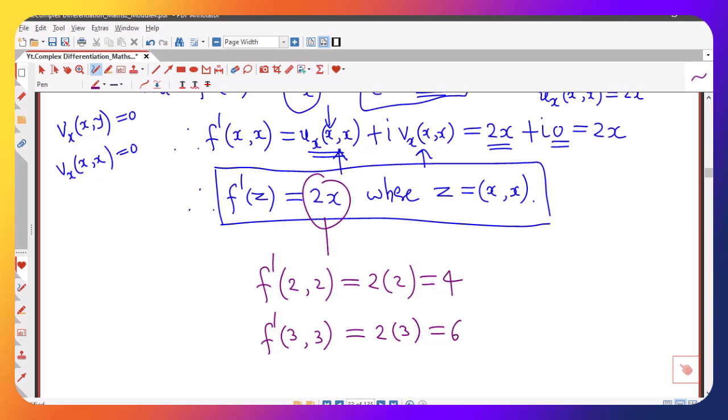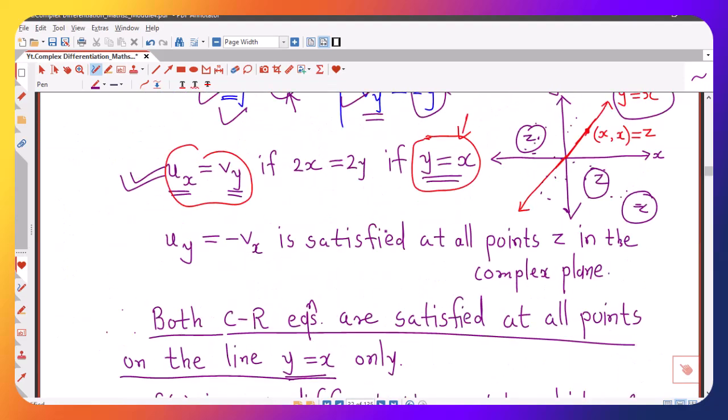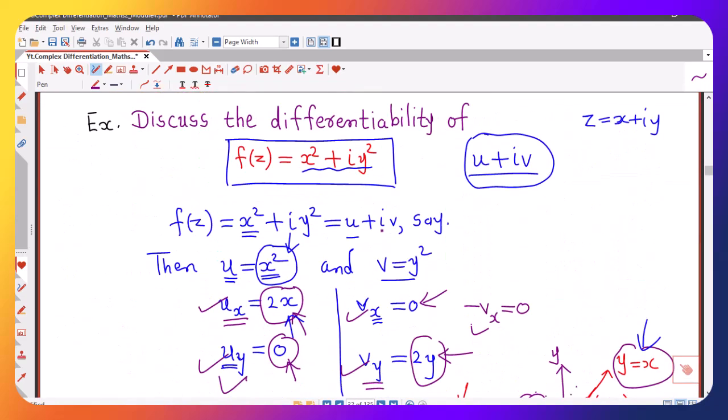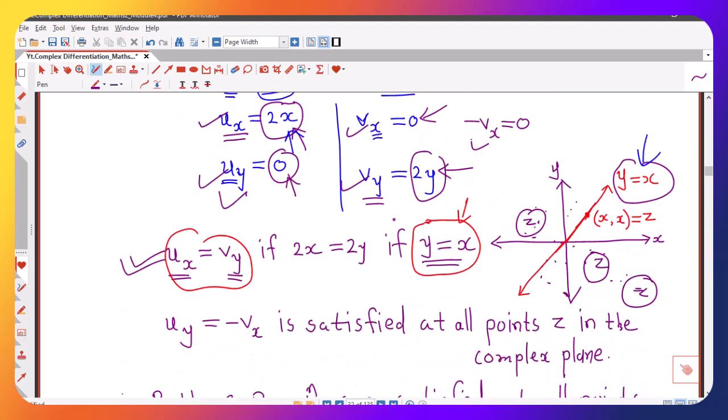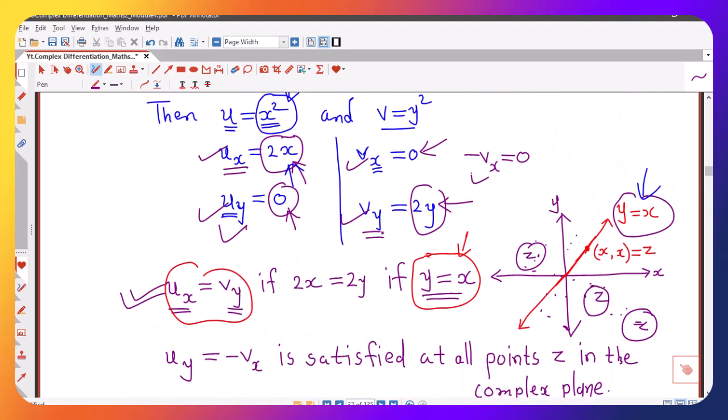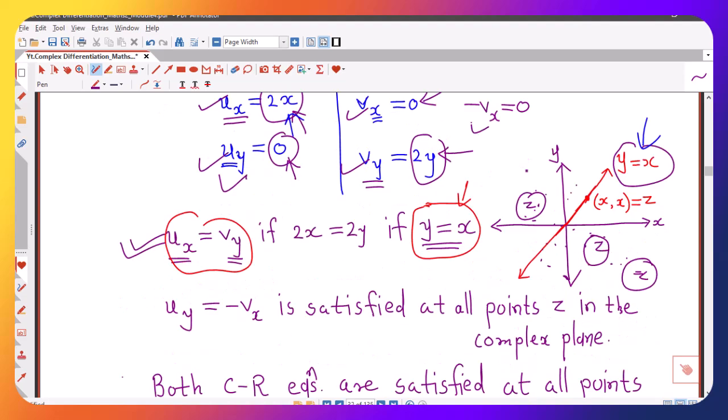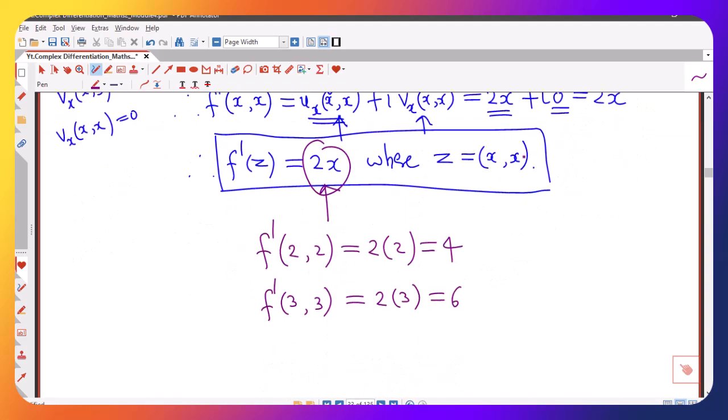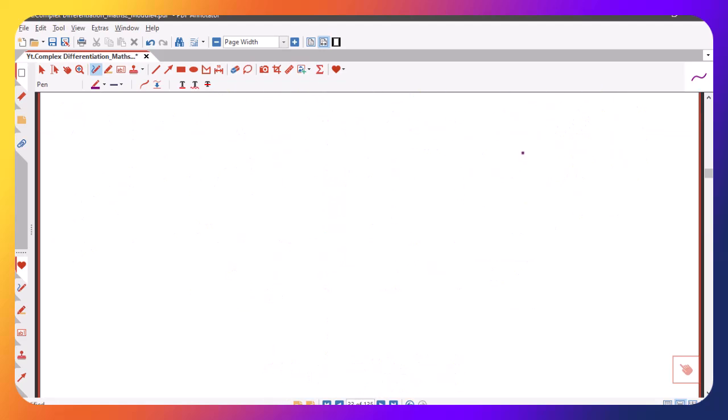So in that way, this is the meaning of the derivative of this function. So this is a very interesting example. Here the function is differentiable at an infinite number of points, but those infinite number of points are those points which are on the line y equal to x only. And remember this example, we will require this in upcoming lectures also.